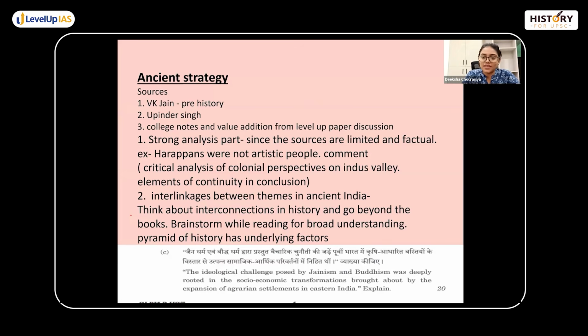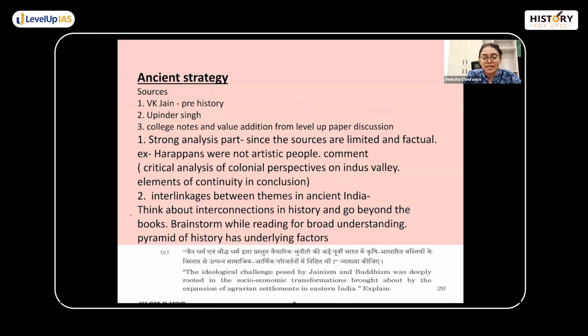I was not very good in remembering factual information, but analytical or debatable questions are low hanging fruits because they give you a lot of space to actually express what you know. So for me, ancient India was my favorite because उसमें debates और ये मुझे बहुत अच्छे लगते थे.